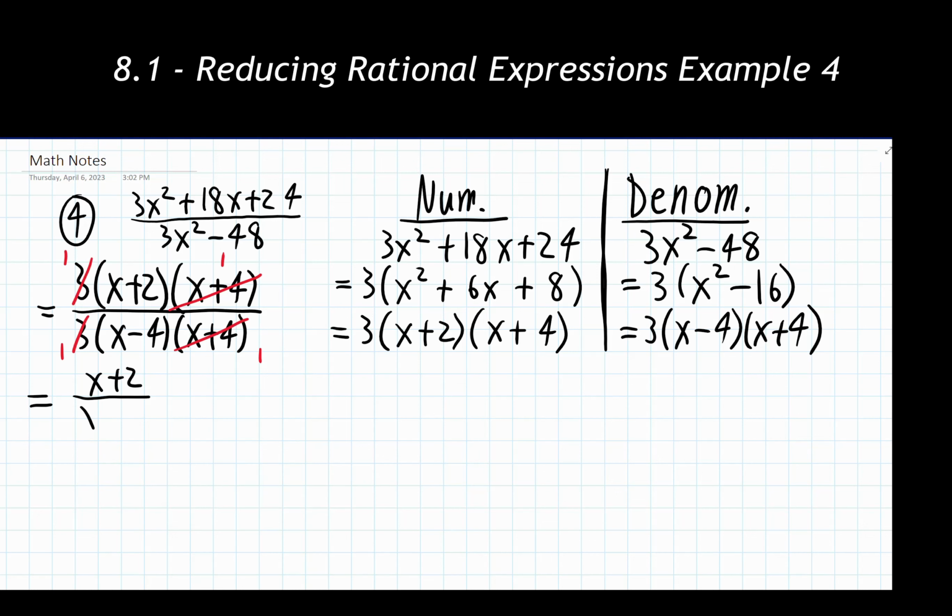I have an x minus 4 in the denominator spot. And I really can't cancel anything else out because there's nothing I can factor first. So from here, I can't do any more work. And I have my final answer for example 4 of x plus 2 over x minus 4.